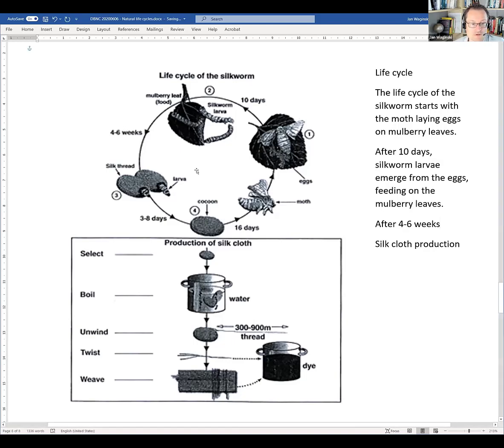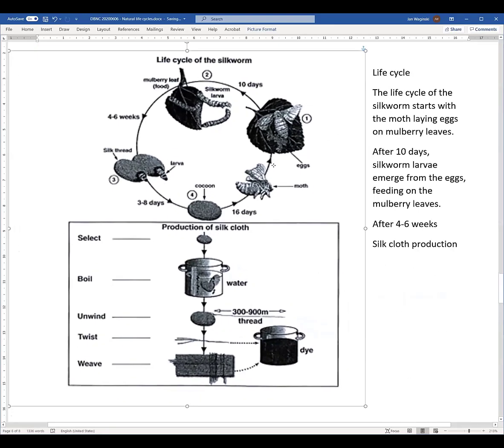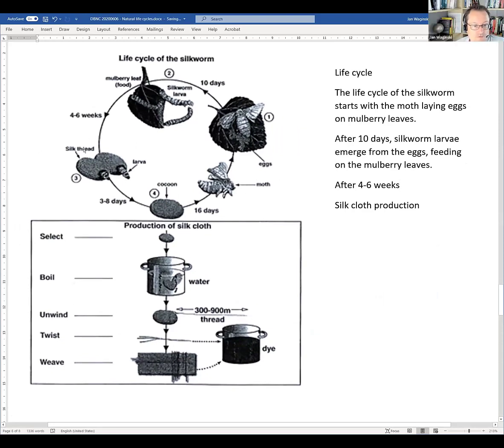You're doing 4 to 6 weeks, and then this. Silk thread from larvae. So what are the larvae doing here? They start producing silk.